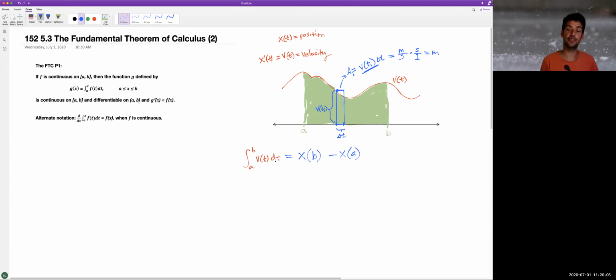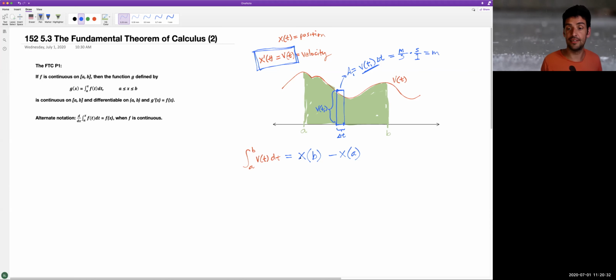I want to integrate over, find the area of this fairly complicated shape I've drawn here of this function. In order to find it, I simply evaluate the position function at the endpoints. And let's remember, the relationship between velocity and position is that velocity is the derivative of position.